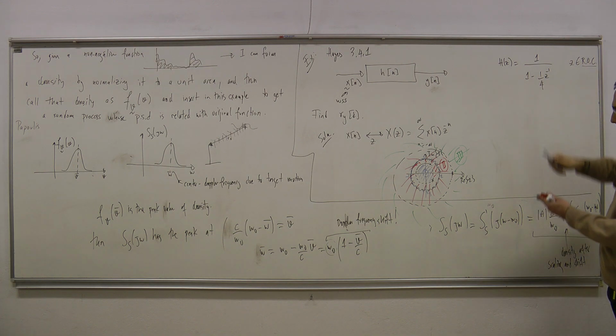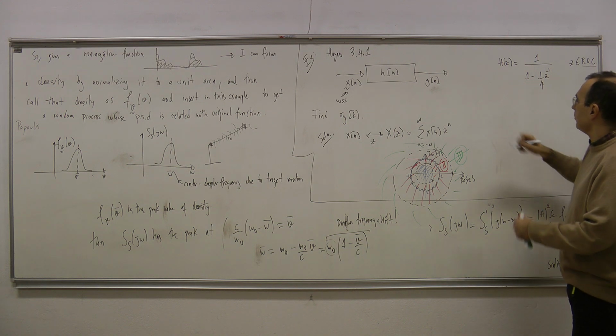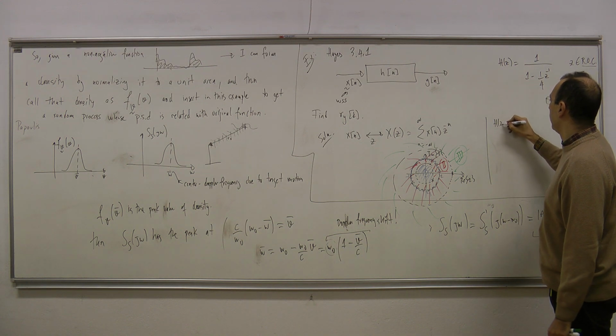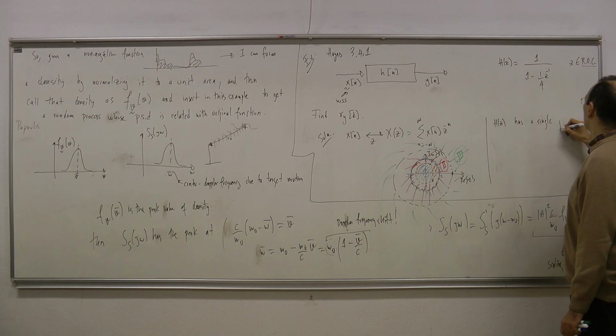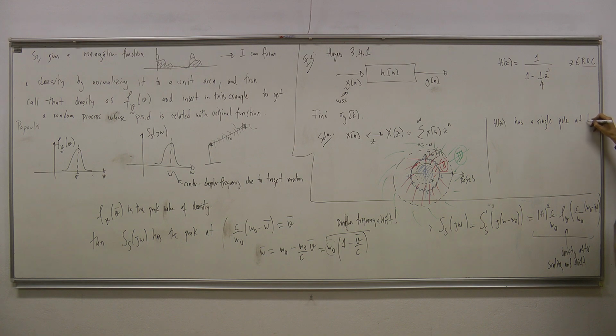Maybe this has a pole at... H of Z has a single pole at 1 over 4, am I right? When Z is equal to 1 over 4, Z inverse is 4. So as you see, I have divergence or singularity, you may say, at Z equal to 1 over 4.